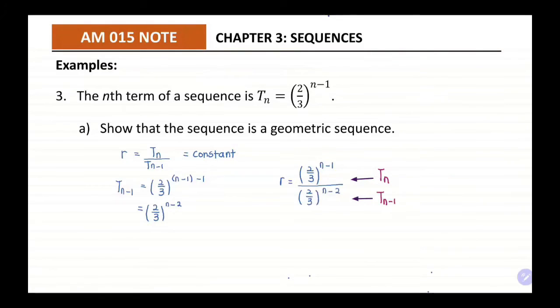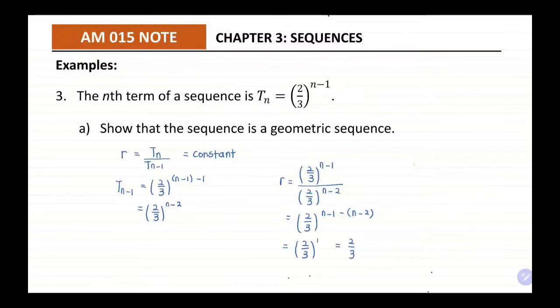Since this is the concept of index, we use the properties: if dividing with the same base, we can subtract the powers. So n minus 1 minus n minus 2. Then we solve: n minus n cancels, negative 1 plus 2, then we get 1. So r equals 2 over 3.